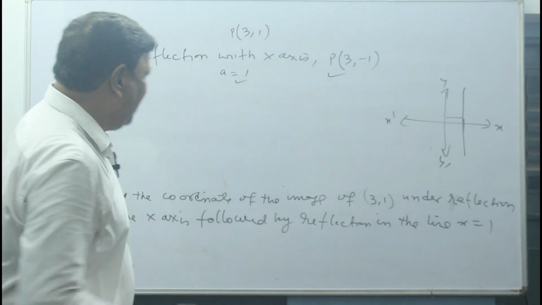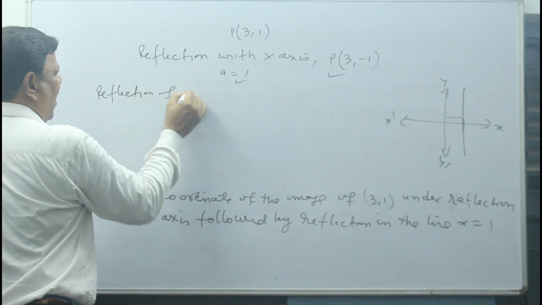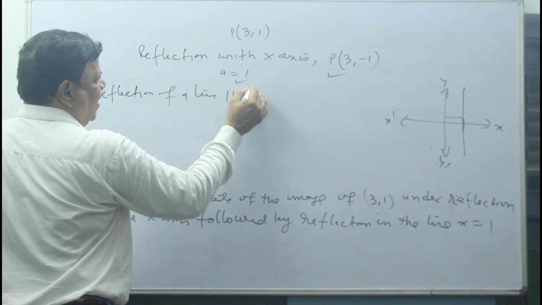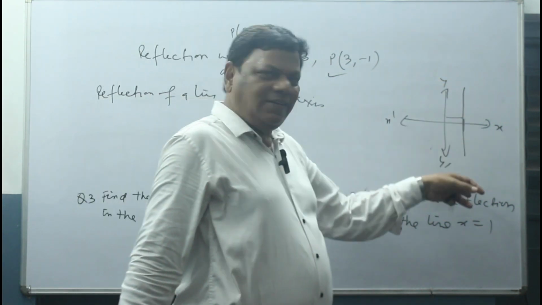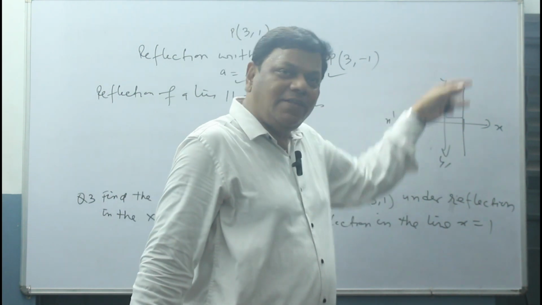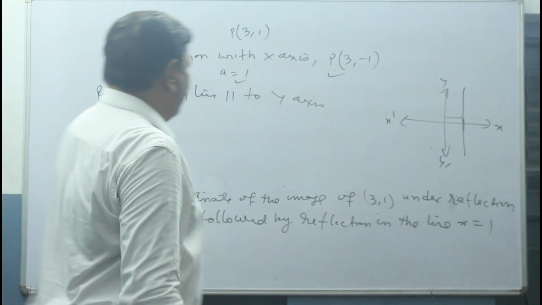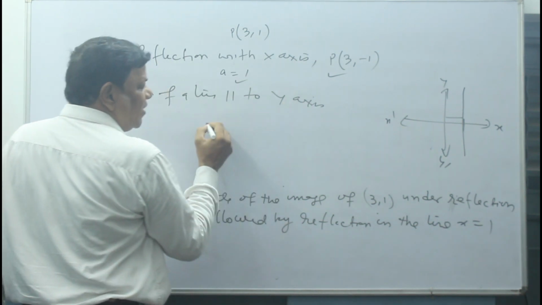What is the formula? Write down here. Reflection of a line parallel to the y-axis. See here, x equal to 1 means parallel to the y-axis. So if it is a line parallel to the y-axis, what is the formula?